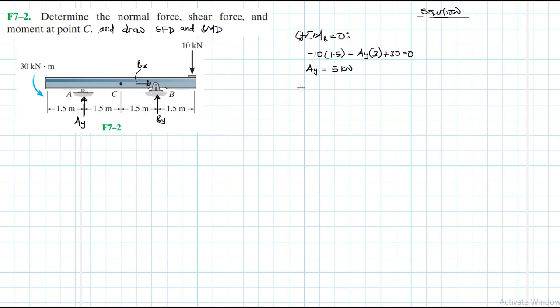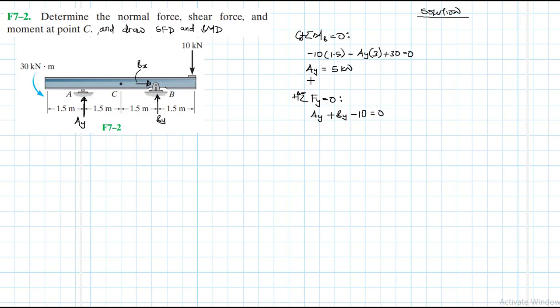Then we're going to say again summation of forces in the Y equal to 0. Maybe let's move this down so that we have space. So summation of forces in the Y equal to 0. What do we have? We have AY plus BY minus 10 equal to 0.